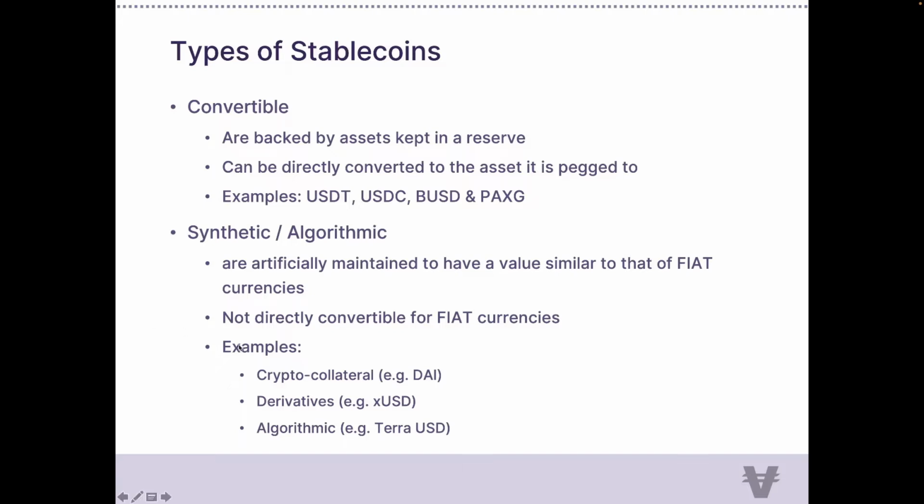Examples are crypto-collateralized stablecoins such as DAI, which we will talk about a bit later on. Derivatives such as XUSD, a stablecoin built on Binance USD. I'm not going too much into that, but it's derived from another stablecoin. And then we have, of course, the algorithmic stablecoins such as Terra USD, or its other name, UST.